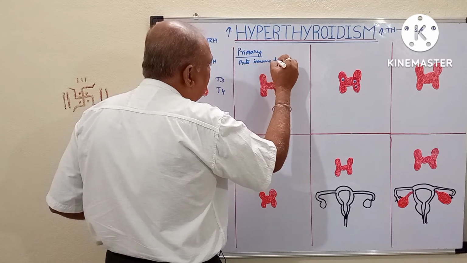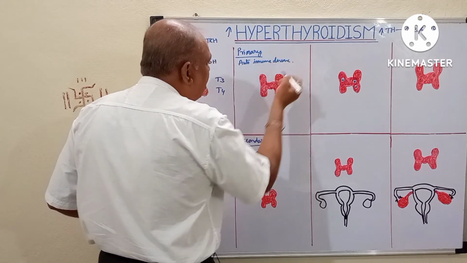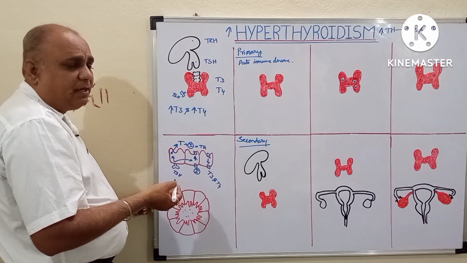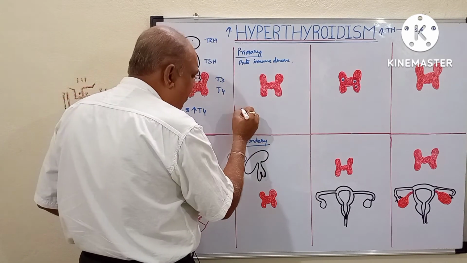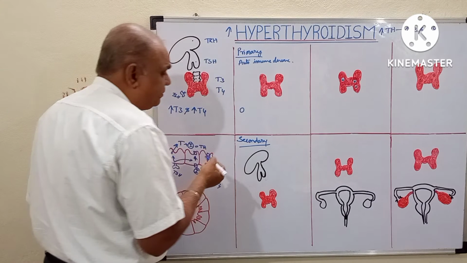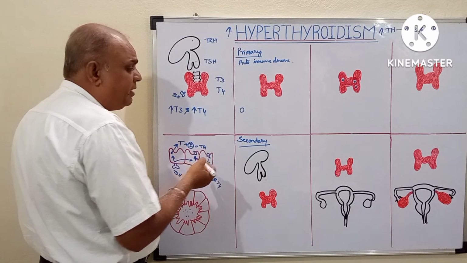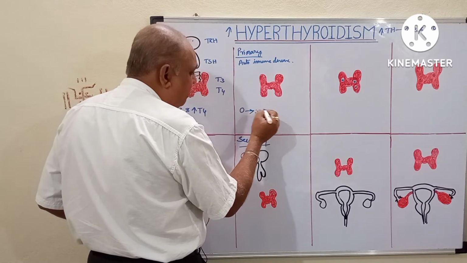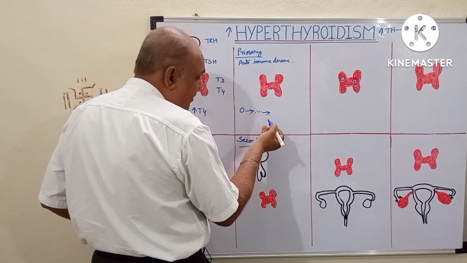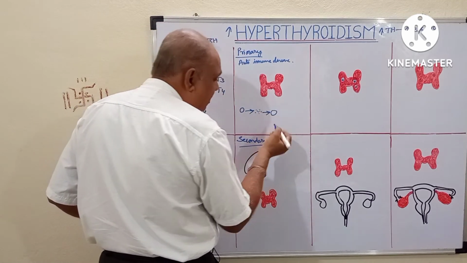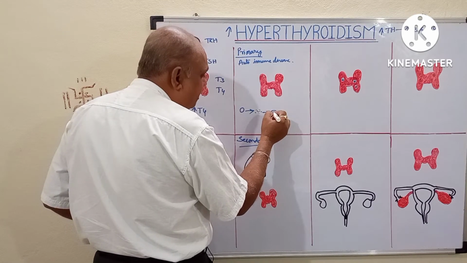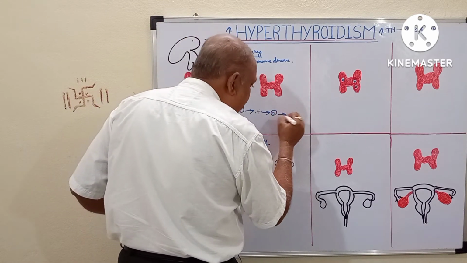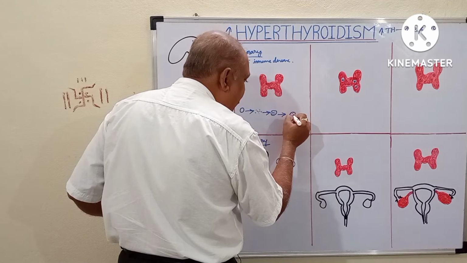Now, in primary hyperthyroidism, autoimmune disease can be a cause of hyperthyroidism, where a genetic component is exposed to an external component and develops an autoimmune response, due to the genetic susceptibility.